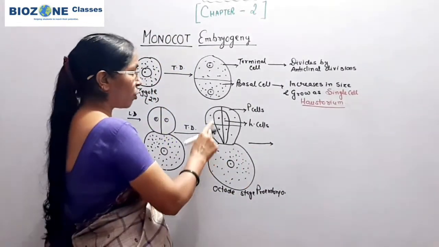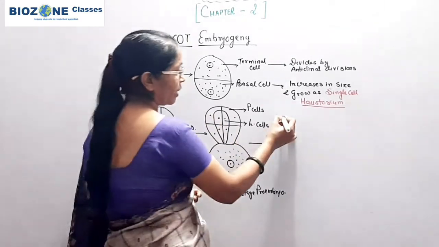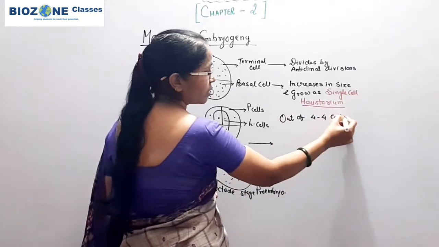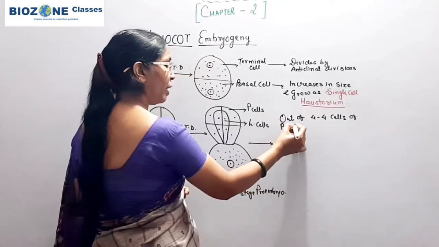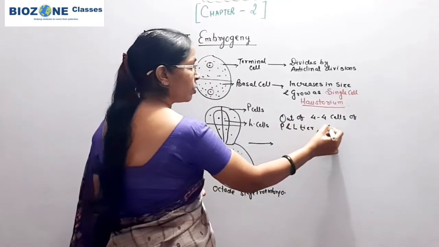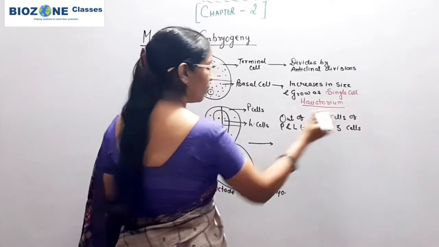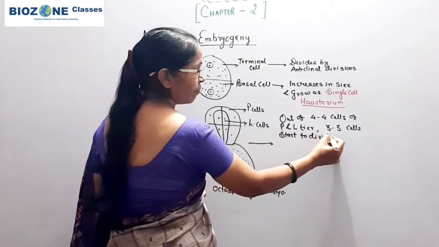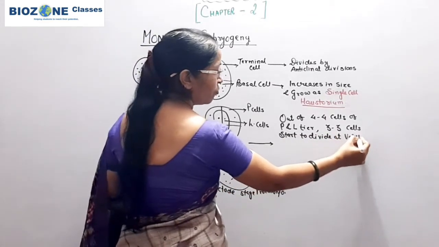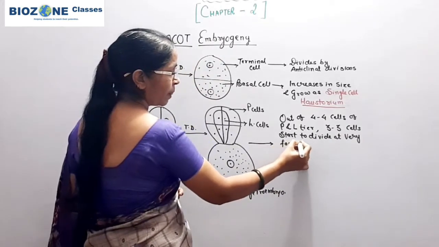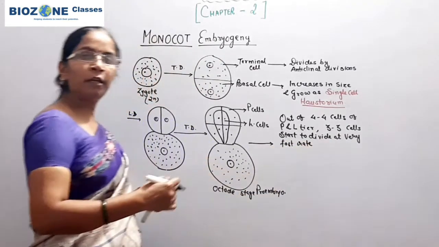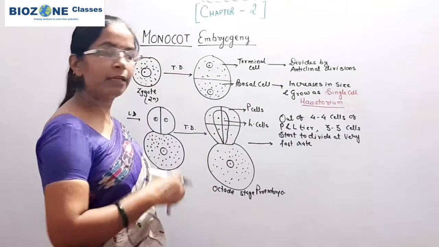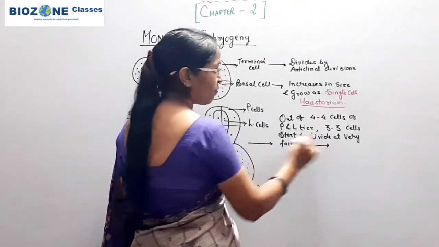Out of the 4 cells of the P and L tiers, 3 cells start to divide at a very fast rate. So the division symmetry gets disturbed. Out of 4, 3 P cells and 3 L cells divide at a very fast rate.